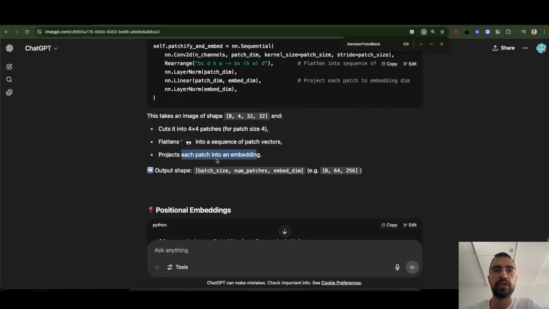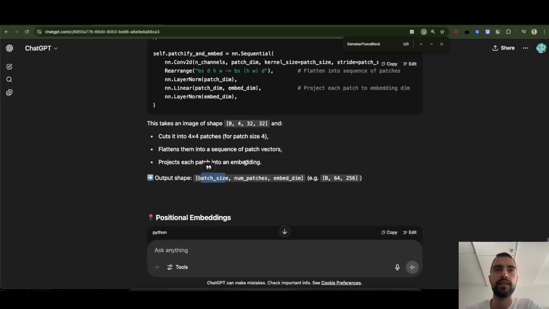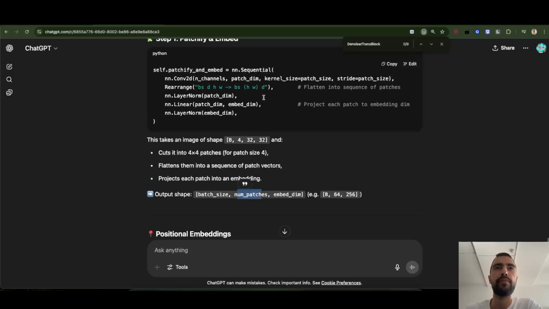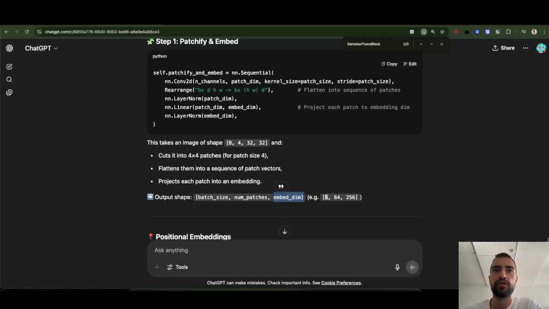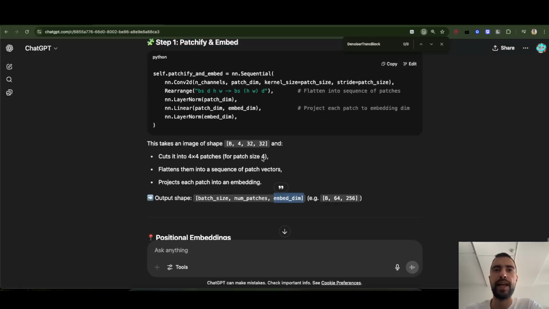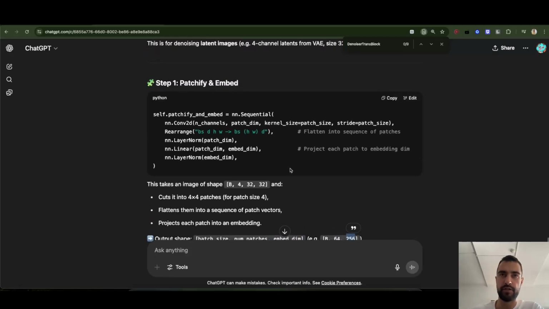So the output shape is batch size, number of patches, embedding dimension. So it could be 64 if it's 8 times 8 in patches. And 256 could be embedding dimension for each patch.